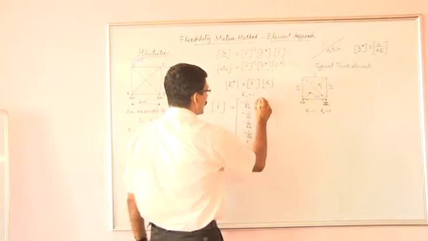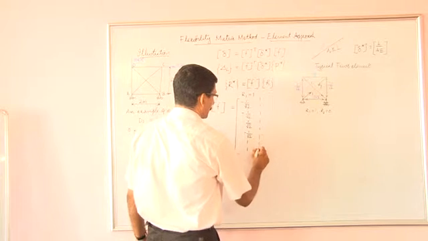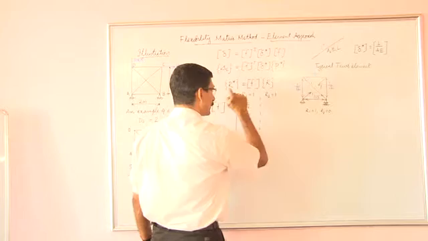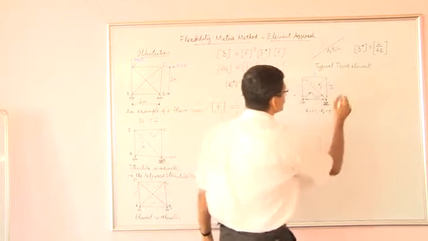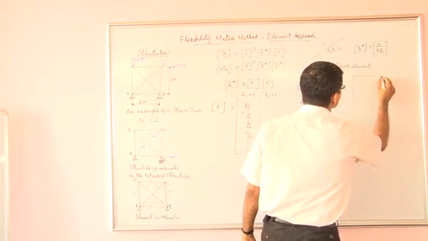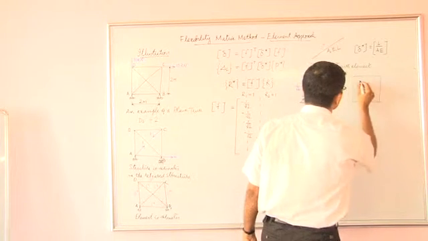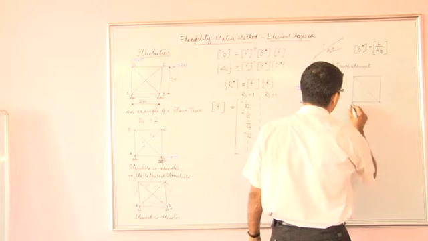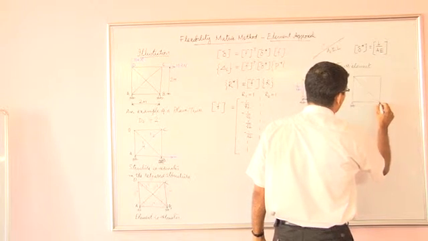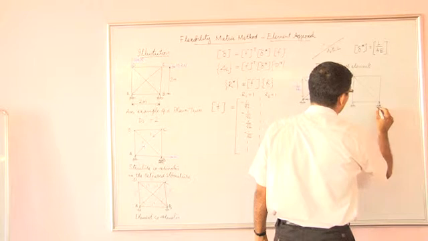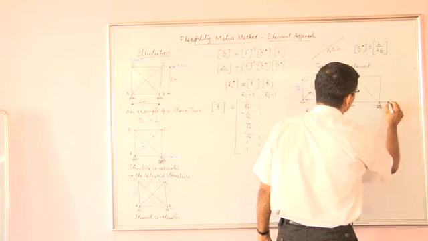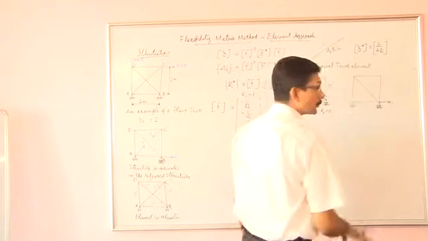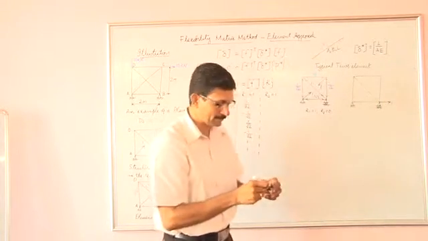Similarly, the second column could be developed by setting R2 equal to 1 and R1 equal to 0. If you do that, this is equal to 1 and the force along this member is equal to 0. We don't need to show even that member because the force is 0.